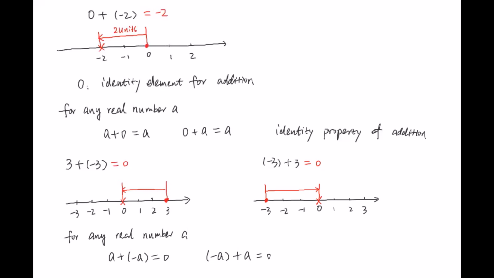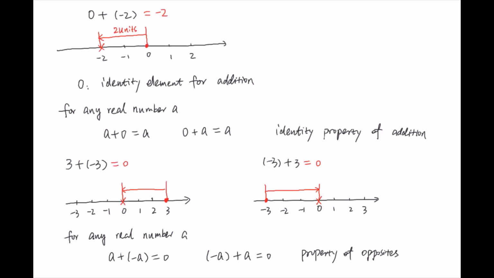This is called the property of opposites. A number and its opposite are called additive inverses of each other because their sum is 0, and 0 is the identity element for addition.